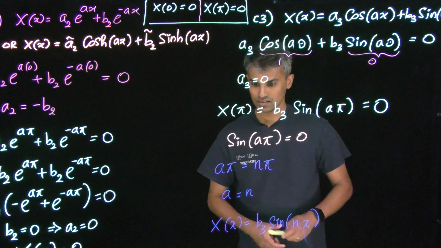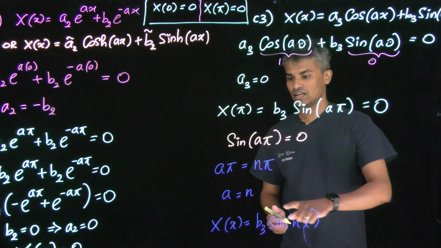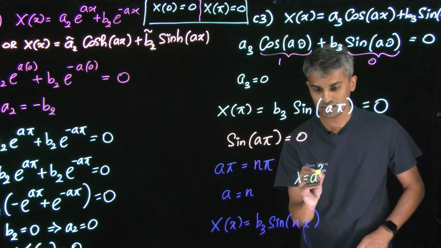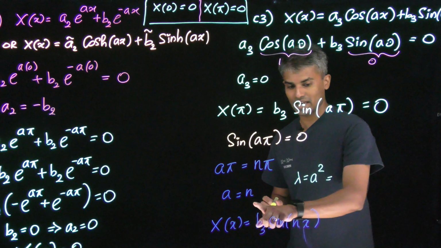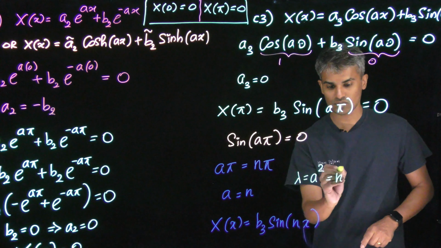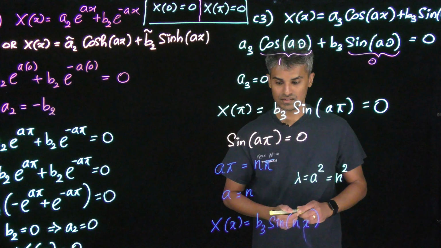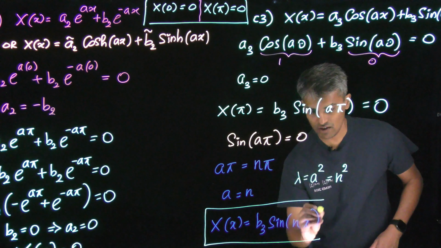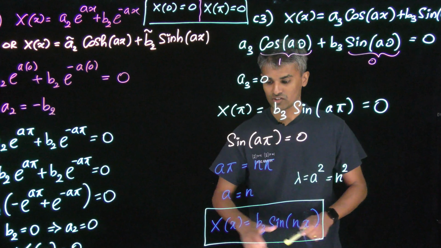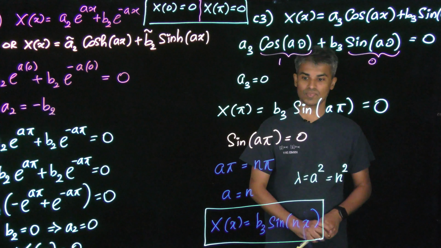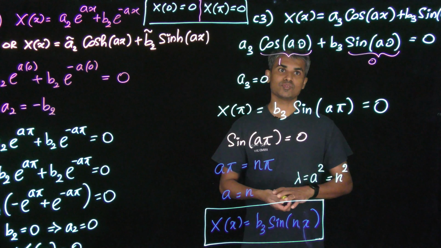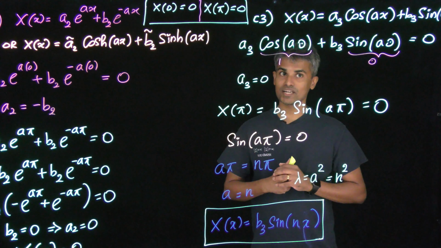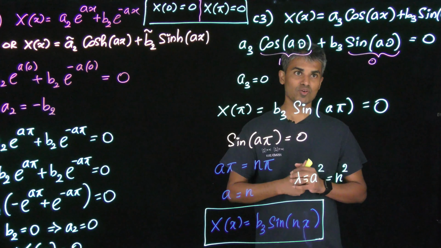And let us make a quick note, we set lambda equals a squared, but a equals n, therefore lambda equals n squared. Okay. Great. So now we do have a non-trivial solution for the function big X of x. So the next step is to solve the ordinary differential equation that we obtained for big T of t.